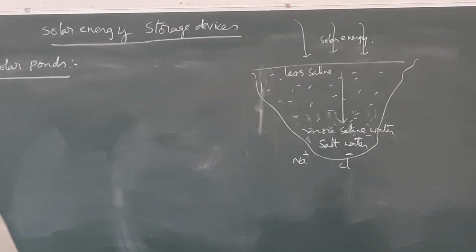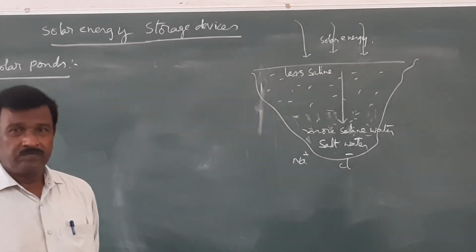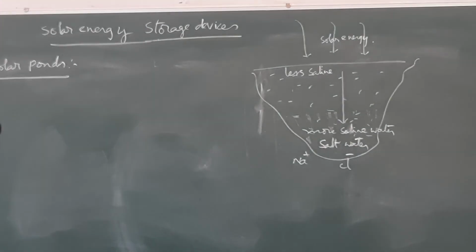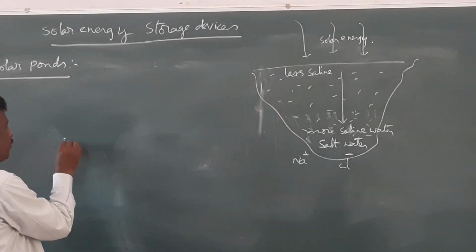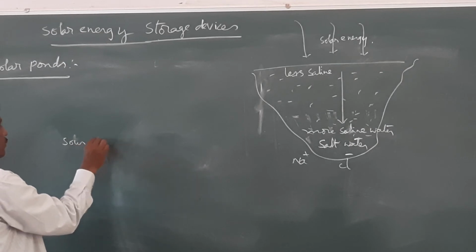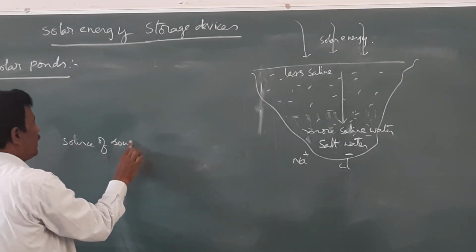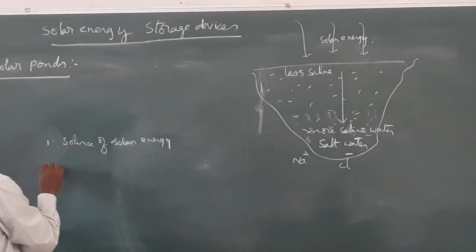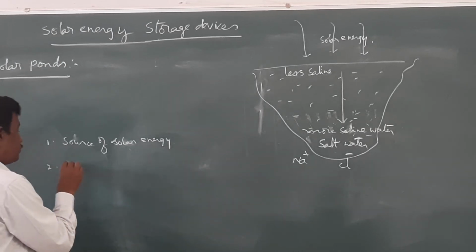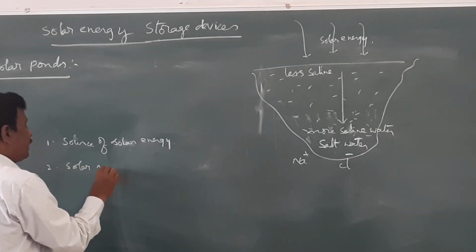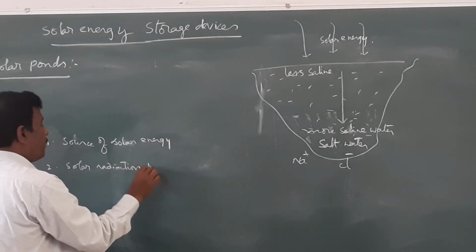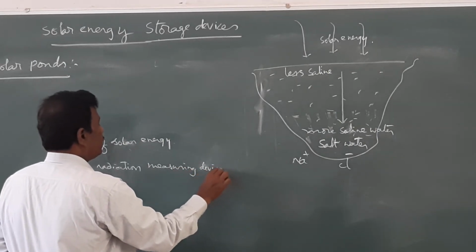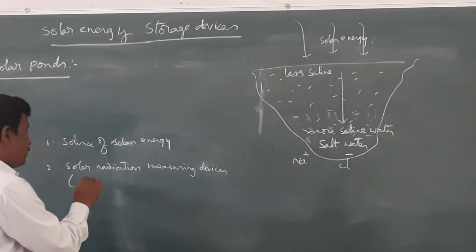So that is the end of our first unit. In this unit, we have discussed the source of solar energy, solar radiation, measuring devices, what are they?